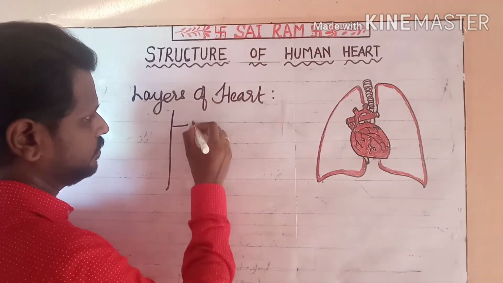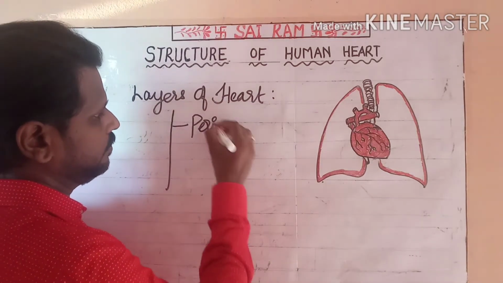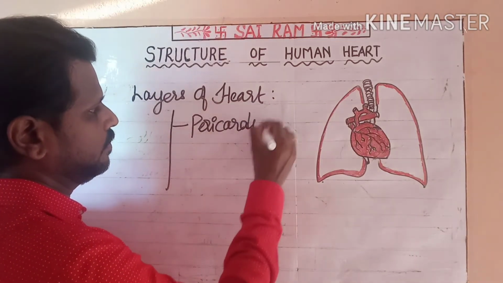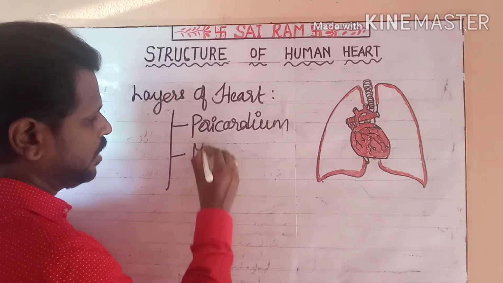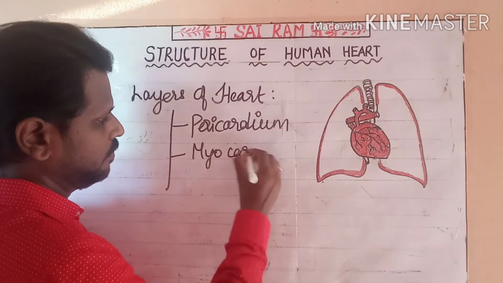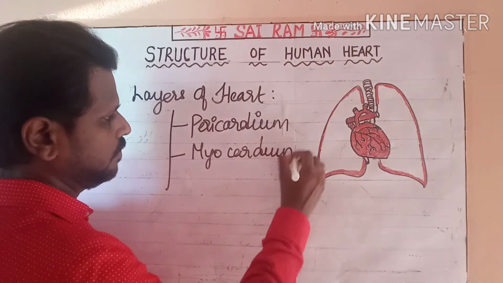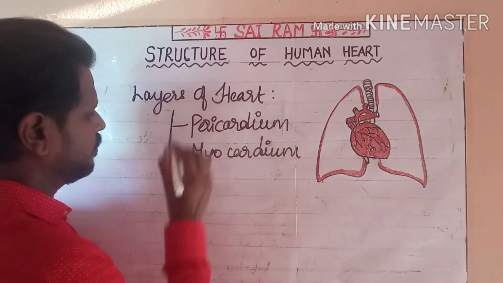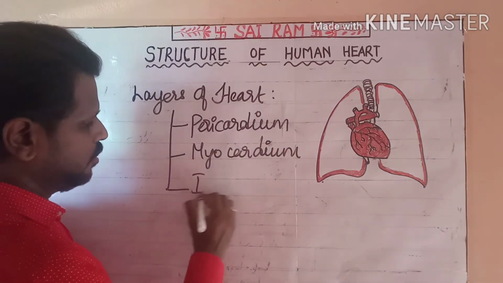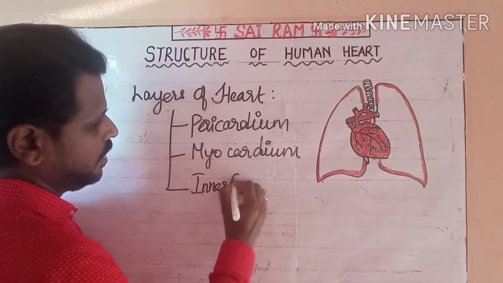Number 1, pericardium, and middle myocardium, and finally the innermost endocardium.